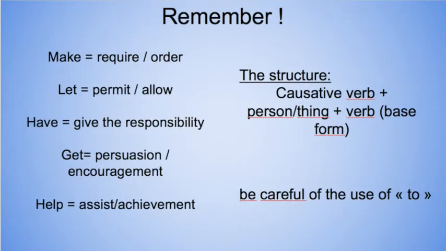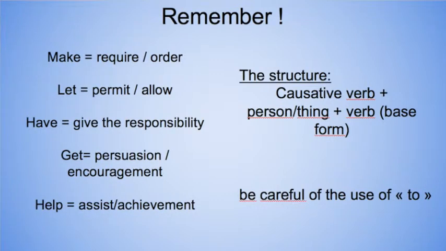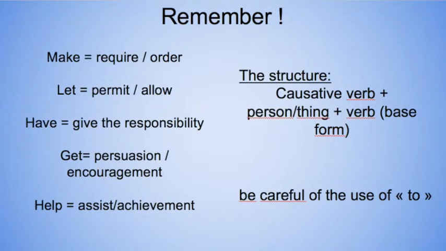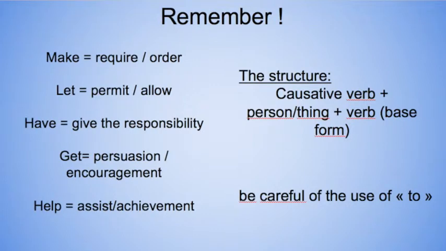Let's review. Like most of the time, the use of verbs has an influence on the general meaning of the sentence. To use causative verbs properly, you have to be aware of the situation in which you can use those verbs. For example, we'll use the verb make when we require someone to do things they don't want to do.